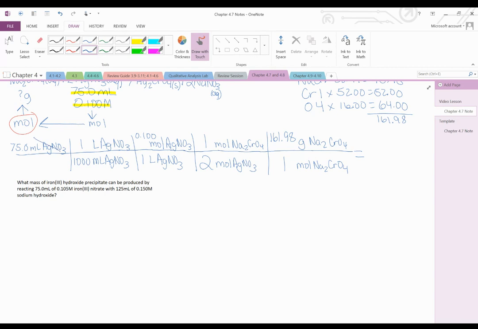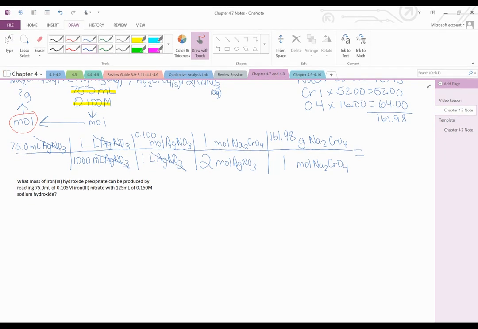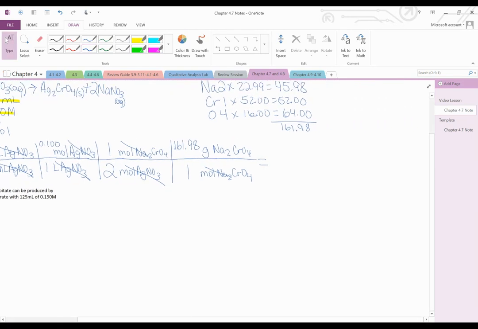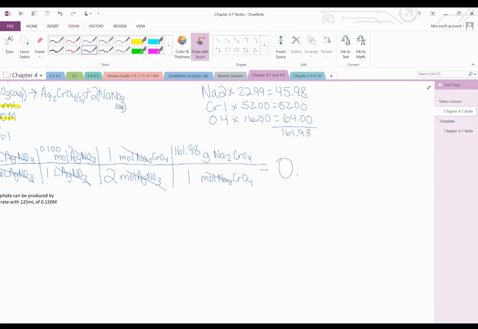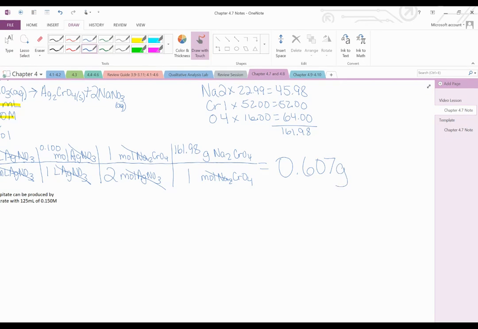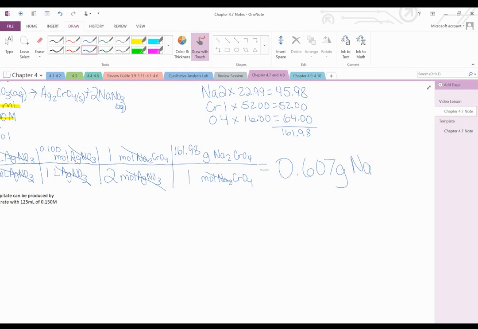So milliliters cancel, liters cancel, moles cancel, so that you're left with the units you want, which are grams of sodium chromate. Multiply the top, multiply the bottom, need 3 sig figs. You're going to get 0.607 grams of sodium chromate.